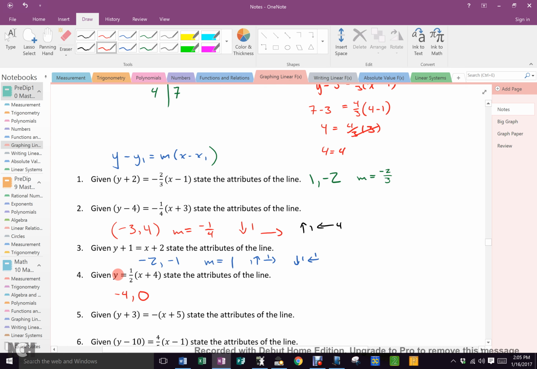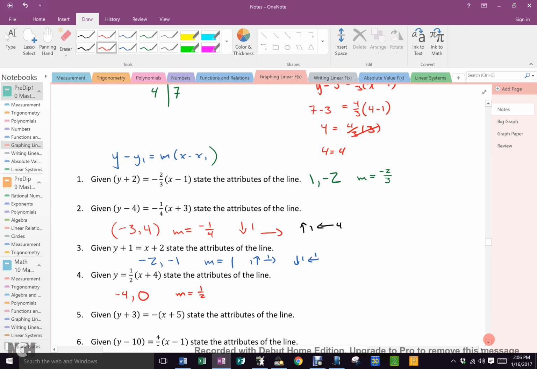And what number represents nothing? 0. What's my slope? My m equals positive 1/2. So if I started at negative 4, 0, where would I need to go? Up 1 and right 2, or down 1 and left 2. Do I need to write that out right now, or are we getting that?